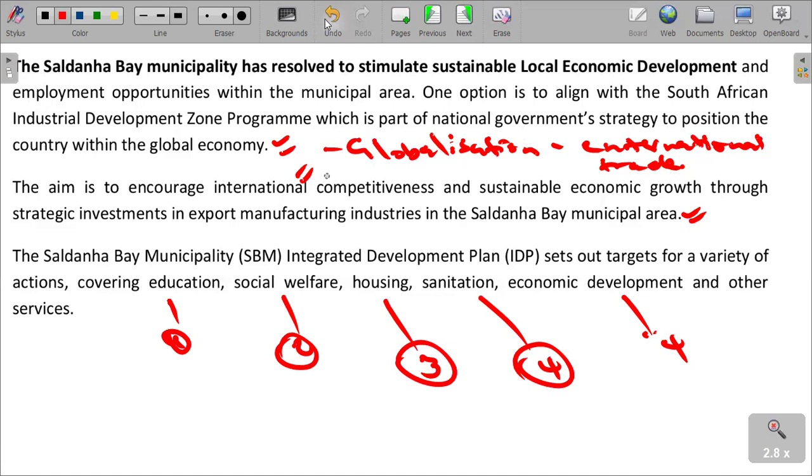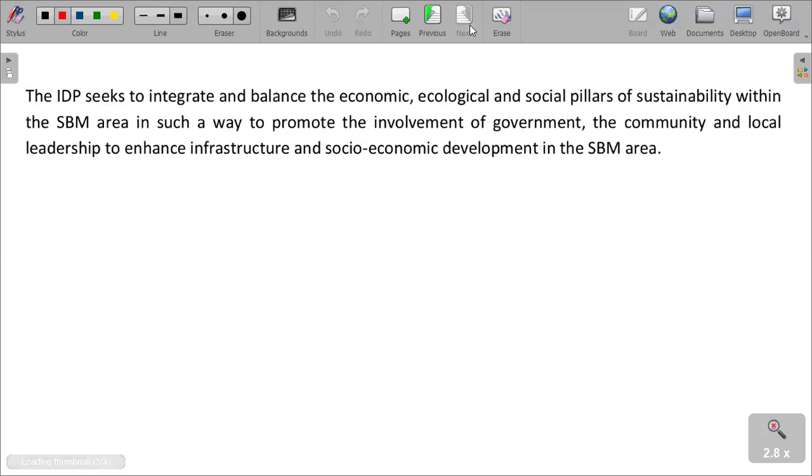These are also very essential and fundamental development functions that a state has to take into account. So, class, I'm sure we can agree that the IDZ is also a latest post-industrial or post-apartheid development plan.